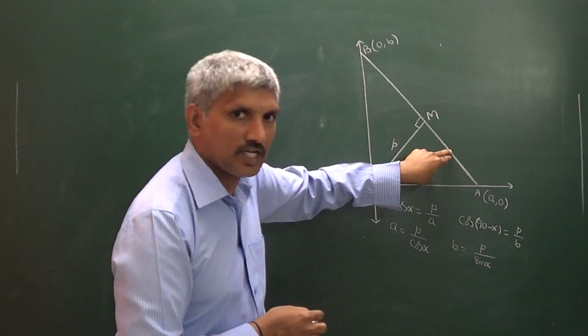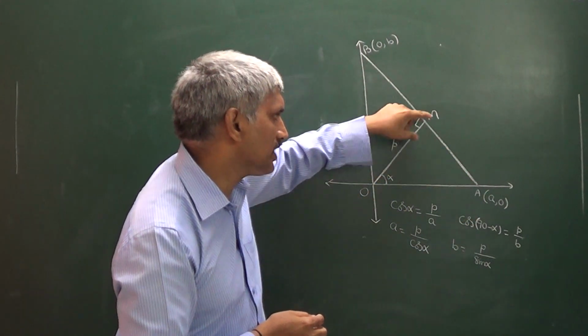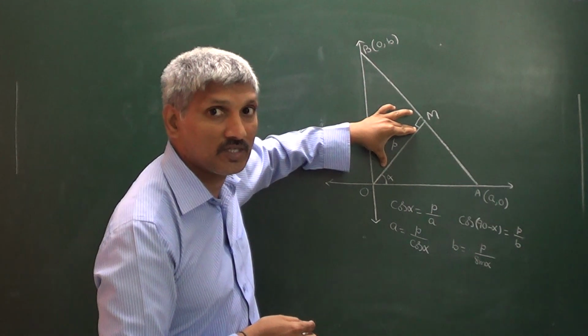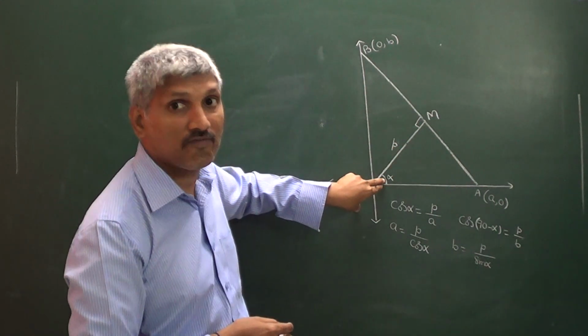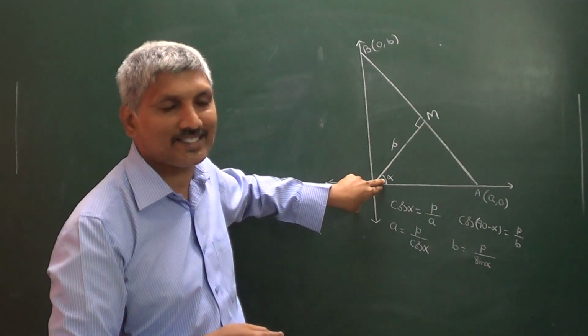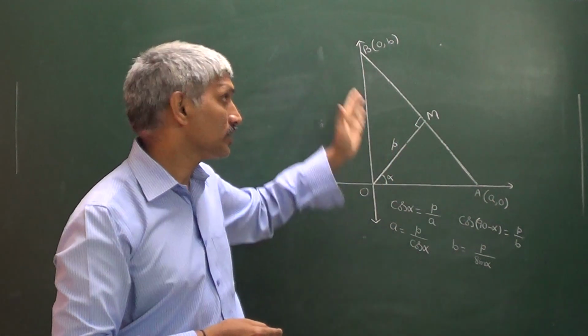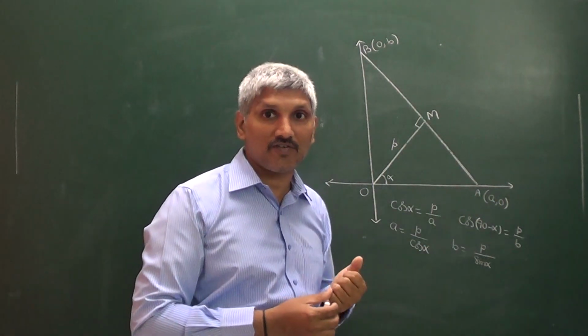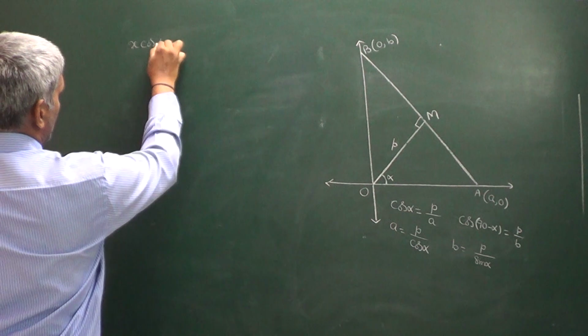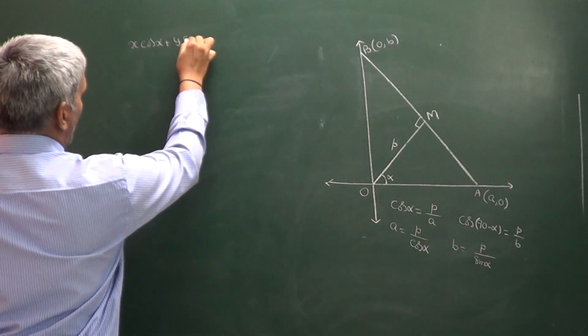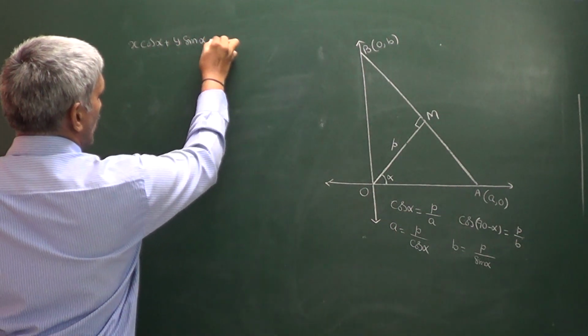The perpendicular distance from origin to the line is P. This normal makes an angle alpha with the positive direction of x-axis in anti-clockwise sense. Then the equation of this line is x cos alpha plus y sin alpha is equal to P.